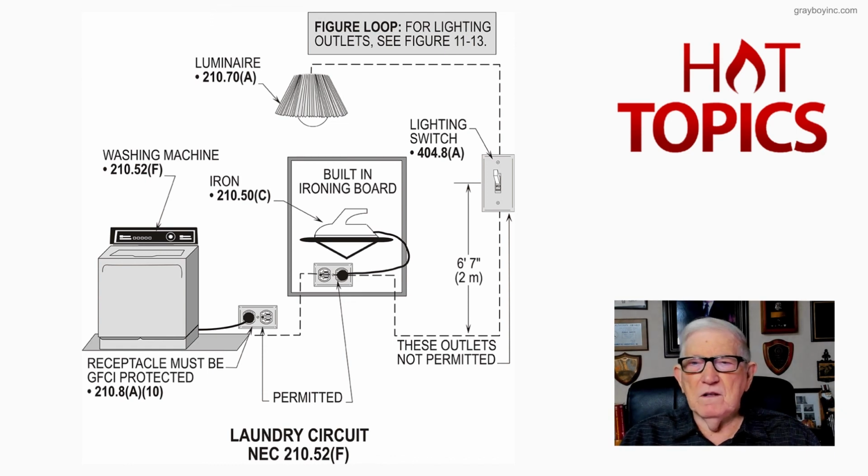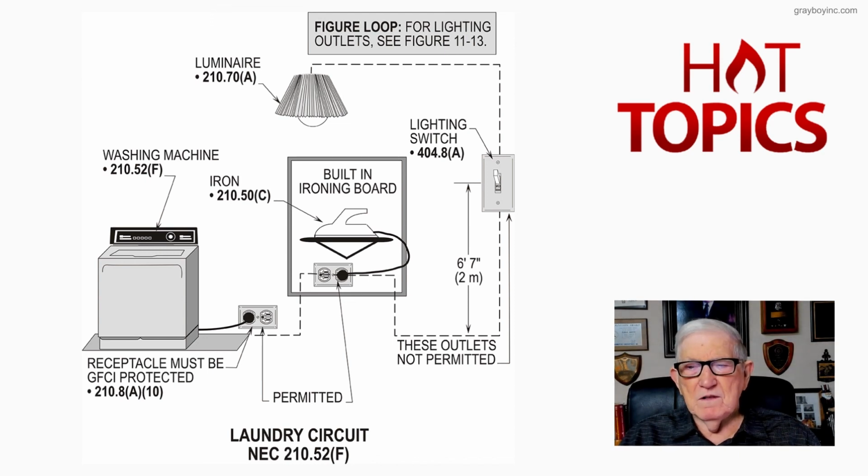And notice 404.8A is a section that electricians and inspectors use, that 6 foot 7 inches to the center of the handle of that switch and below is considered an acceptable switch outlet. See, above that, no, you'd be too high. So usually we measure about 56-inch centers to set that switch. However you want to do it, just as long as you stay within this 6 foot 7 inch limitation here.